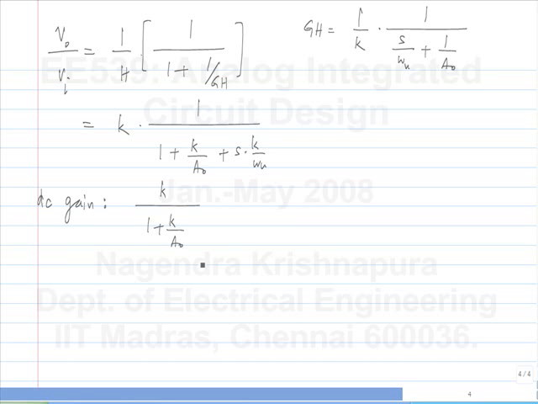And where is the pole? Or the bandwidth of the system, what is that? So, what's that, omega u?